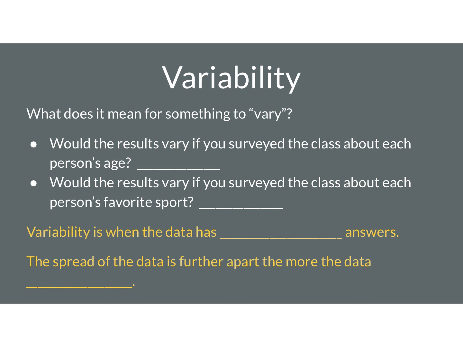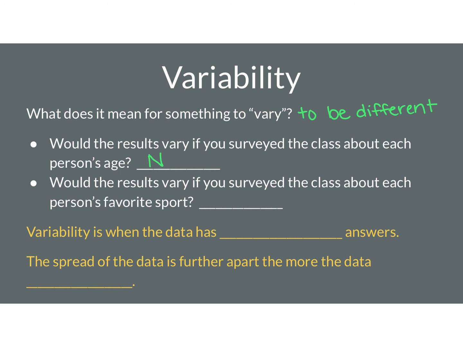Next, we'll learn about variability. What does it mean for something to vary? If something varies, it means to be different. Would the results vary if you surveyed the class about each person's age?